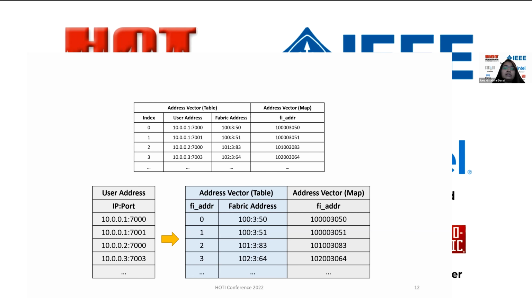Both images give an example of how portable addresses, like user addresses, which here are a combination of an IP address and a port number, are mapped into fabric addresses by the address vector. In the case of table, the addresses are stored using an indexing system, and each fabric address is stored along with an index. While in the map type, the fi_addr_t type of address is stored, which can directly be used by the application.